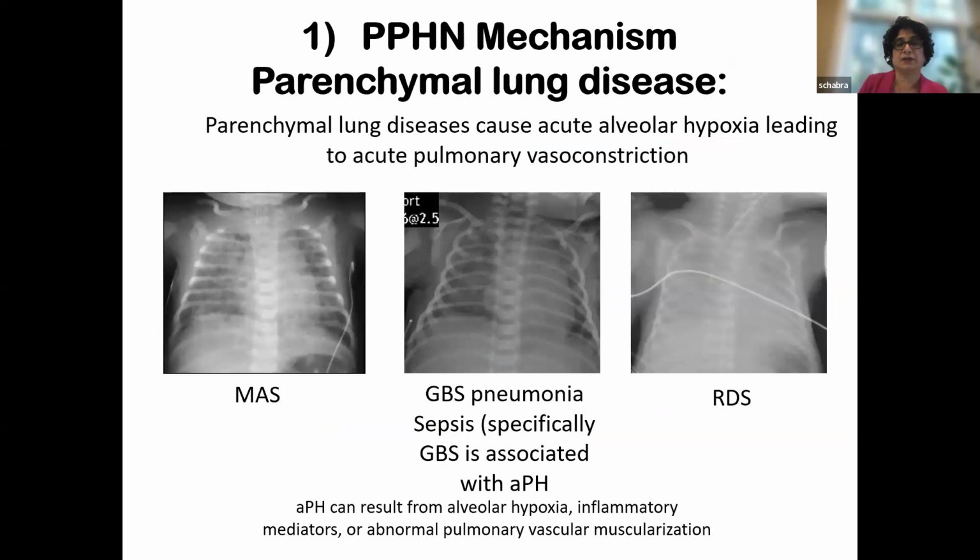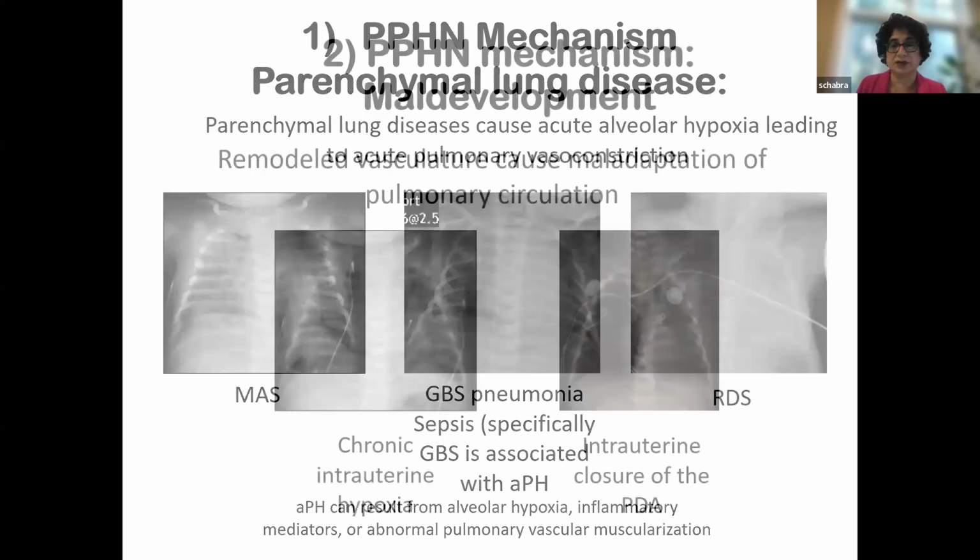So these are the parenchymal lung disorders, which can cause alveolar hypoxia leading to acute pulmonary constriction. And most of you are familiar with meconium aspiration syndrome, GBS pneumonia, and specifically GBS is associated as part of sepsis. So any sepsis can cause parenchymal lung disease, but in the newborn, GBS is highly specific, and respiratory distress syndrome.